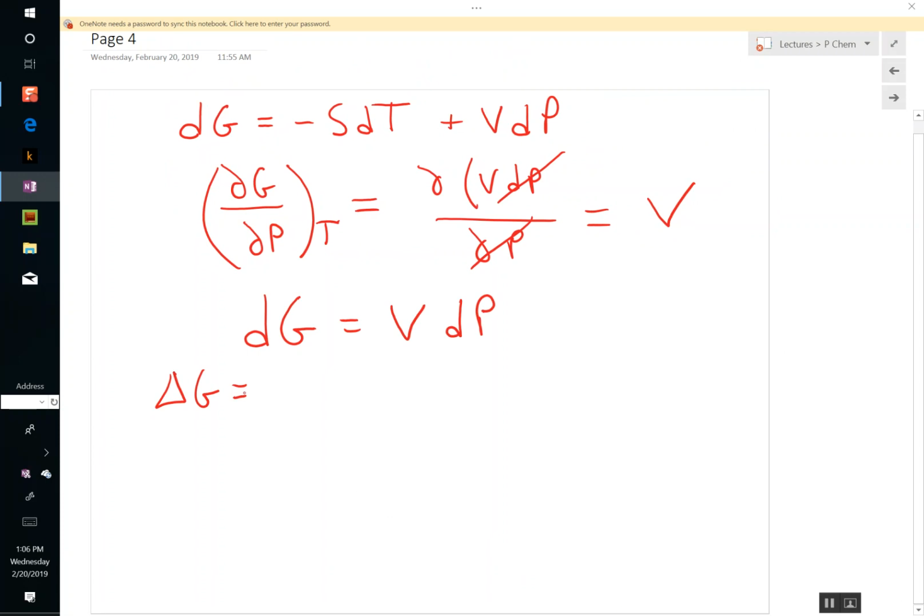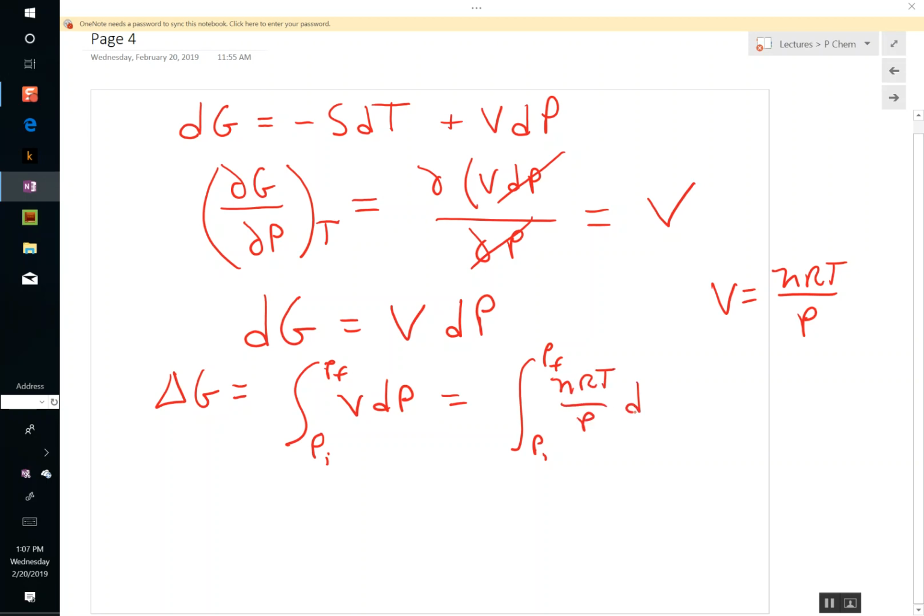Delta G equals, if you integrate this from Pi to Pf, V dP. Well, let's see. We can replace V with what, if we're talking about an ideal gas? nRT over P. So we've got nRT over P dP.